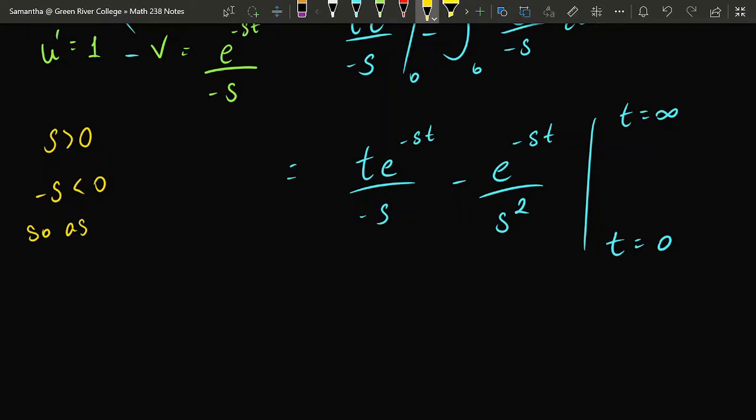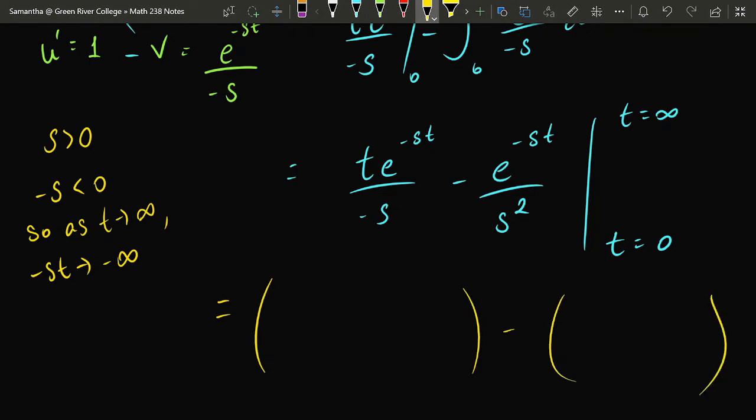So as t goes to infinity, this exponent of negative s times t is going to be going to negative infinity. So that means that this second term in the back, negative e to the power negative s times t, will be going to 0 as t approaches positive infinity.